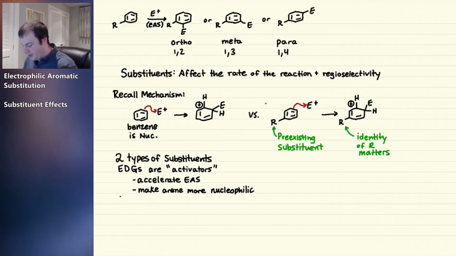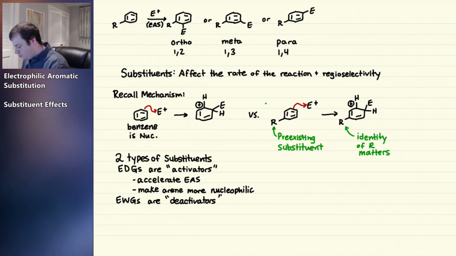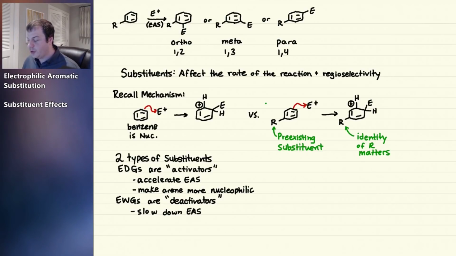These are called deactivators. These deactivating groups are going to slow down EAS, and they're also going to reduce arene nucleophilicity.